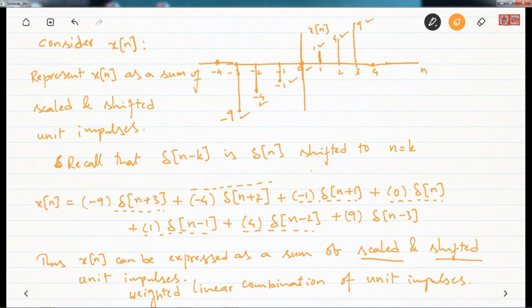As I said, our intention is to mainly analyze the continuous time systems here in this unit. Right? Now, let's consider continuous time signals.